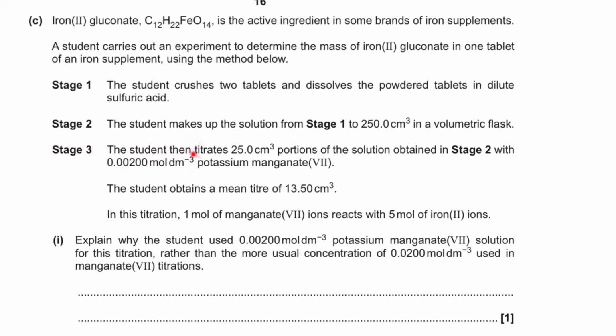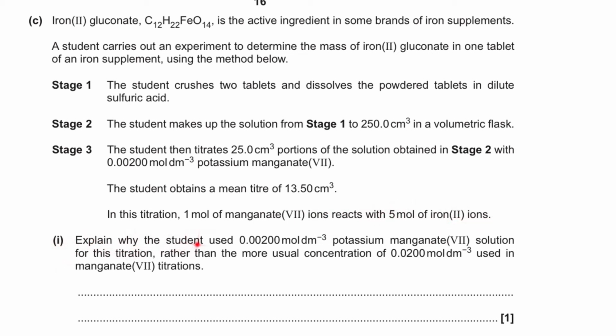The student then titrates a 25 cm³ portion of the solution obtained in stage 2 with 0.002 mol/dm³ potassium permanganate. The student obtained a mean titre of 13.50 cm³. In this titration, 1 mole of manganate 7 ions reacts with 5 moles of iron 2 ions.